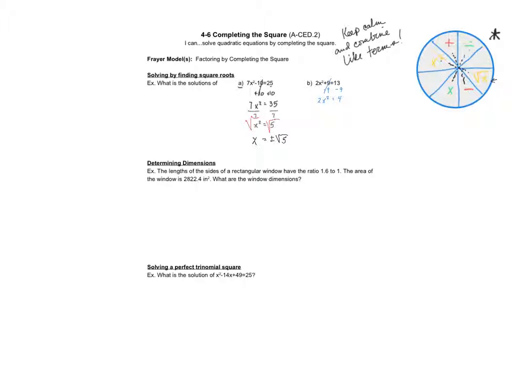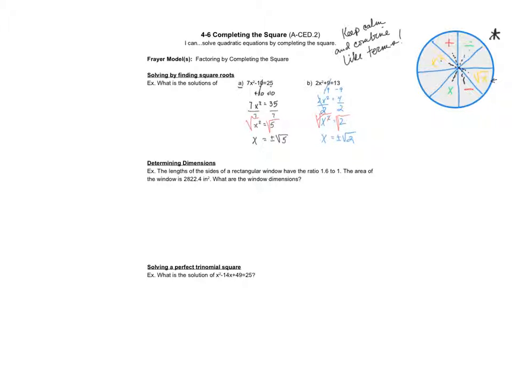As soon as I get my variable isolated like that, I always want to divide both sides by the coefficient, which is 2 here. That becomes 1, so x squared is equal to 2. Finding my square root, because that cancels those things out, I get x equals plus or minus the square root of 2.